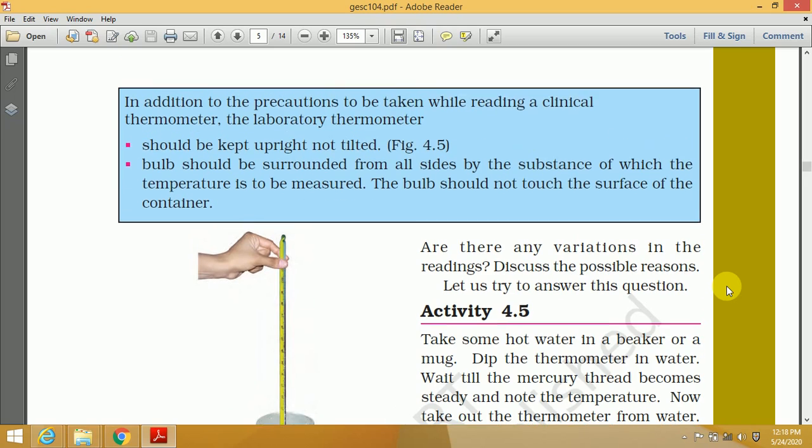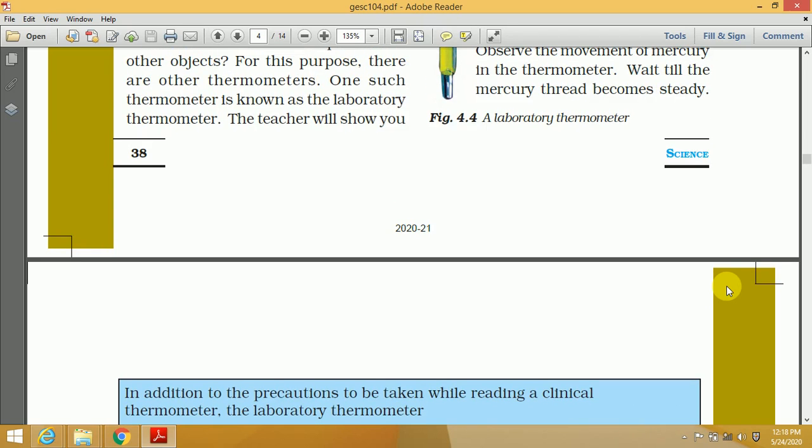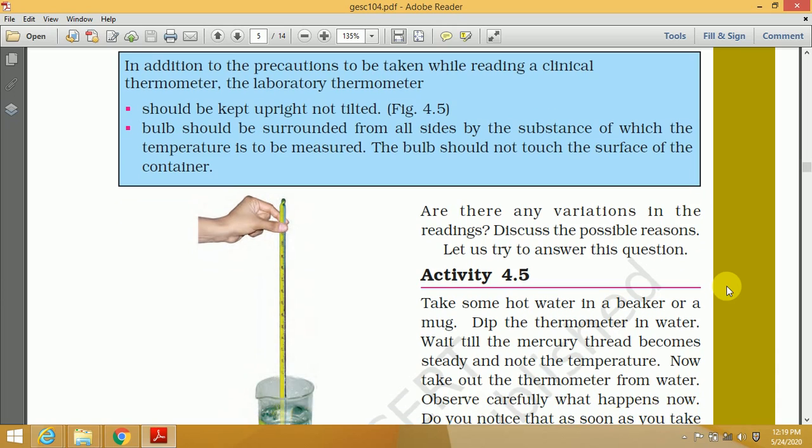So in this case, you have to take some tap water in the beaker. One very important thing about the laboratory thermometer is that you have to keep it in the vertical direction. You see how it has to be kept inside the water, in the vertical direction.